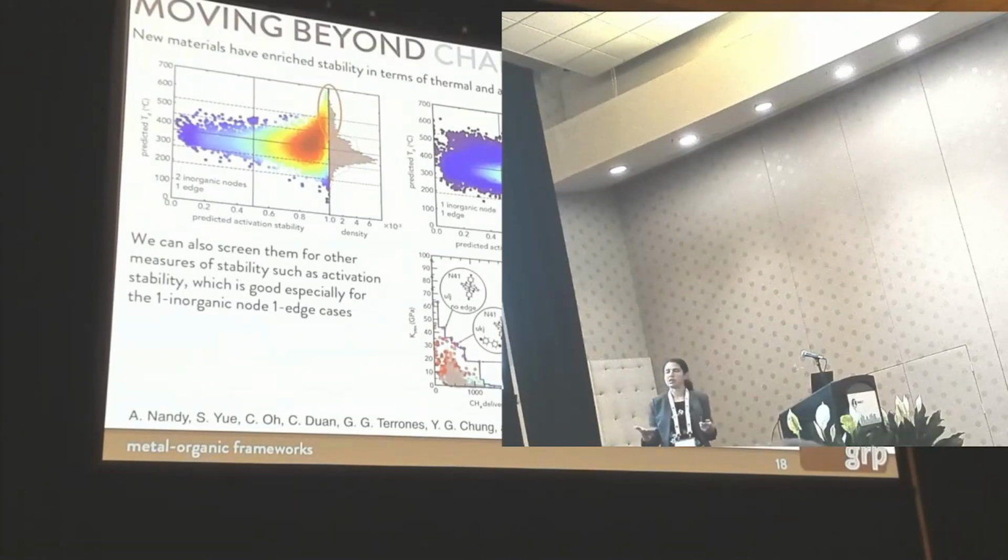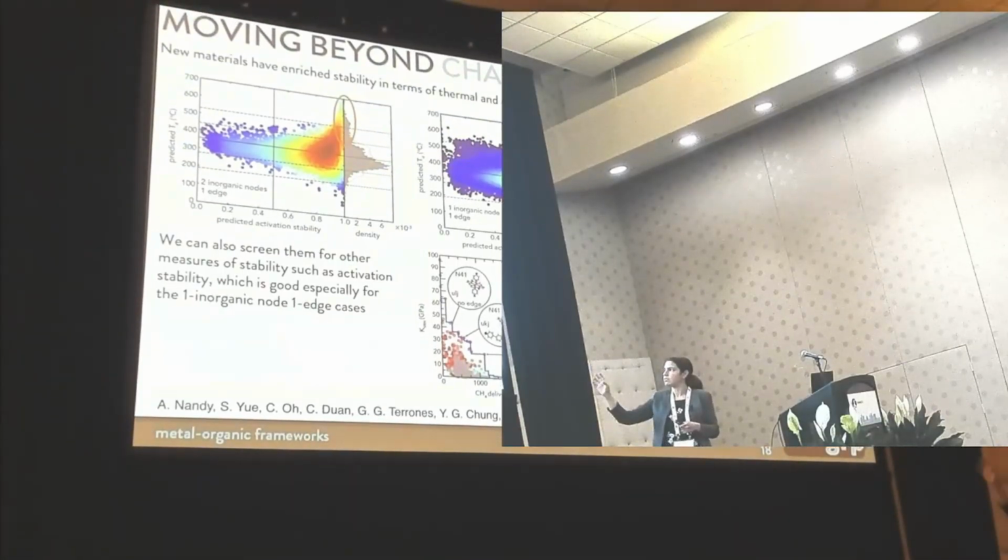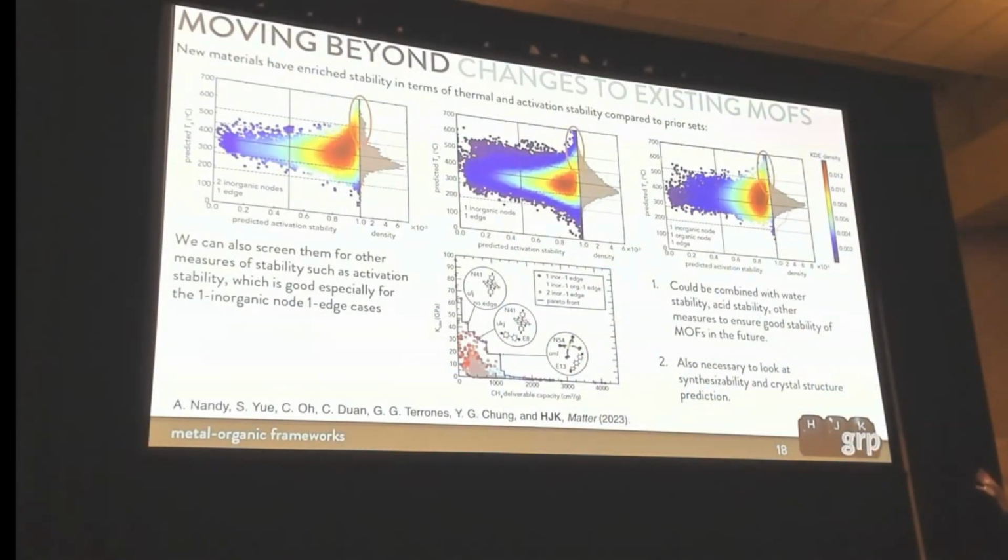We also consider the mechanical result. And we can come up with design principles. For instance, here's a really interesting proliferating node, which gives rise to really high thermal and activation stability, but simultaneously good capacity, which is useful for gas storage applications.